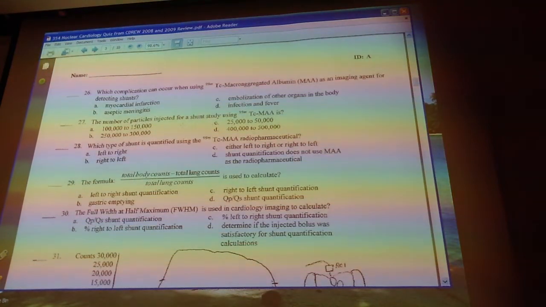And then the number of particles, okay, normally we keep it about 100,000. So that's why when you were learning how to calculate the number of particles per ml, you have to have that combination of a large amount of radioactivity with a small number of particles, or you have a problem. Okay, and it says which type of shunt is being quantified with MAA. Okay, you can only do right to left.